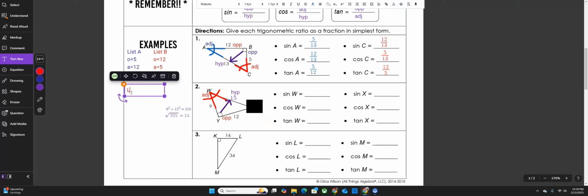So we're going to make our list. Our opposite side is 12. Our adjacent side is 9. And our hypotenuse is going to be 15.